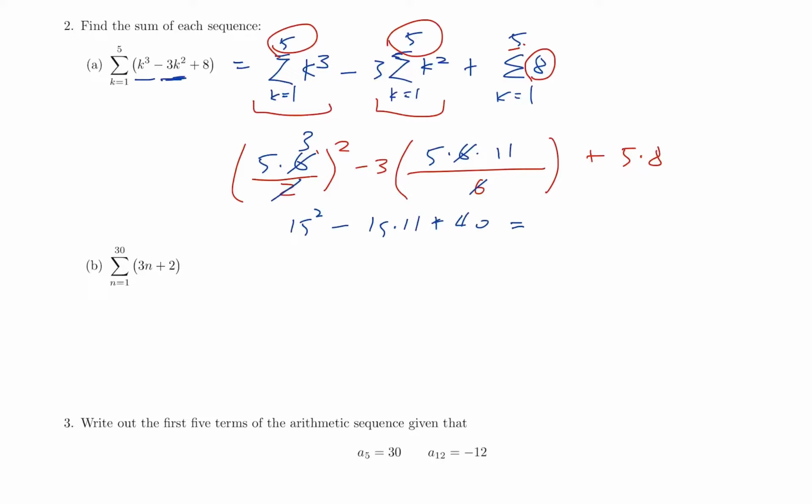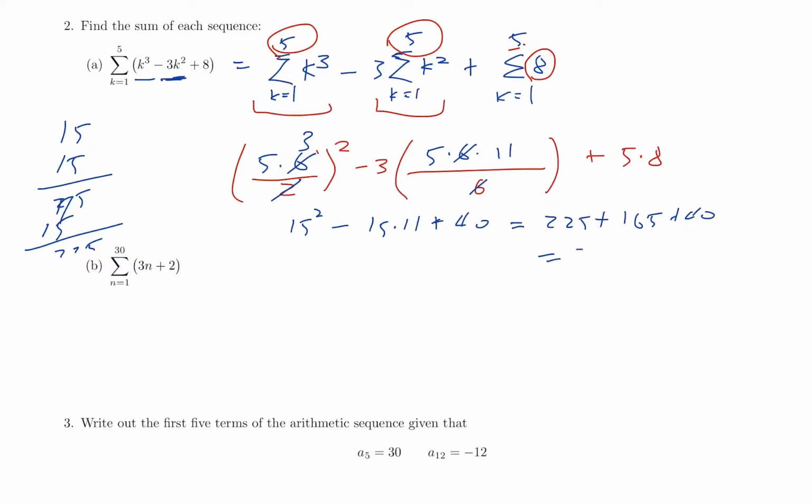Okay. So let's simplify. 15 times 15, let me work on the side here. 75, 150, 225. Okay. So we have 225 minus 15 times 11 is 165, plus 40.